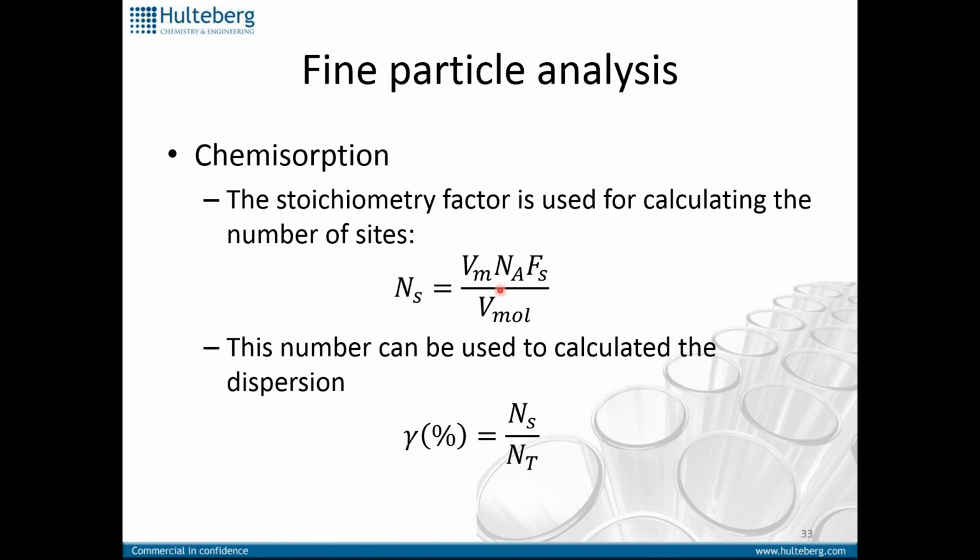And if we divide that by the molecular volume, we get the number of sites on the surface, and that can be used to calculate the dispersion. So the amount of surface metal divided by the total measured amount of metal gives us how large a fraction of the metal is actually available for being in contact with gases.